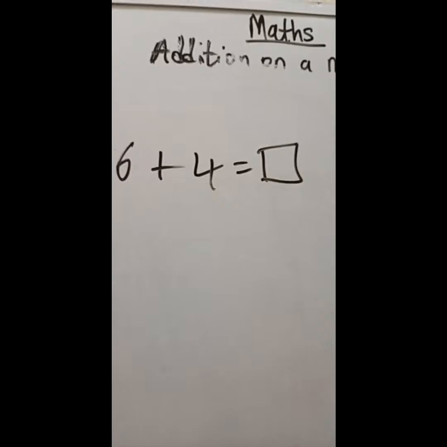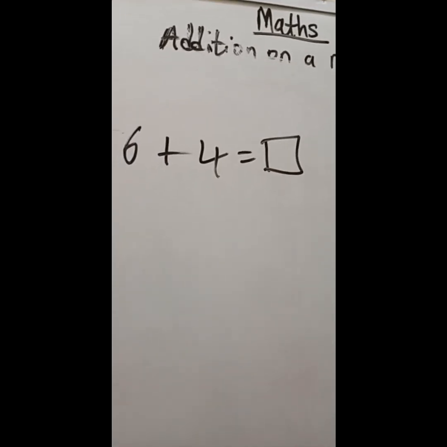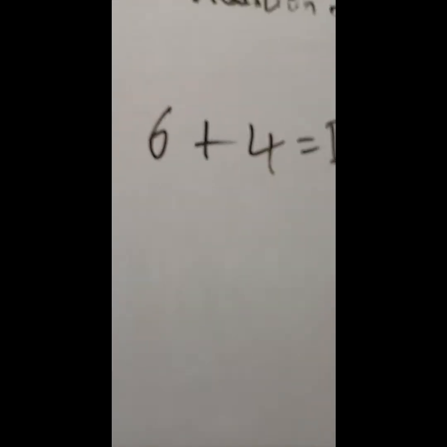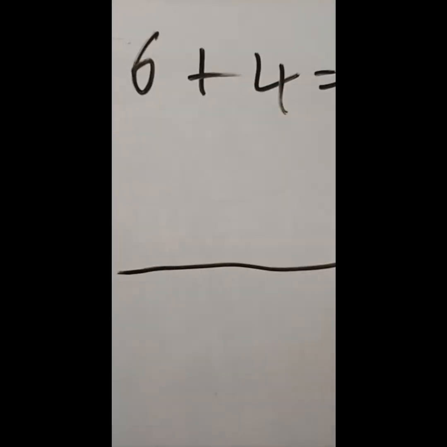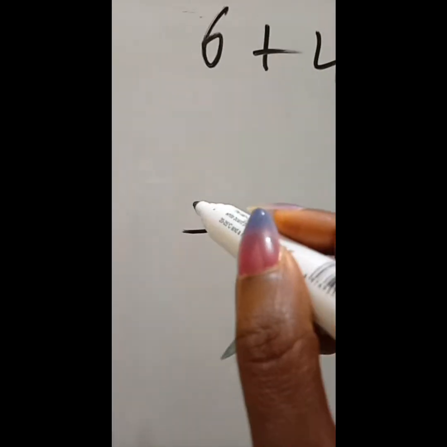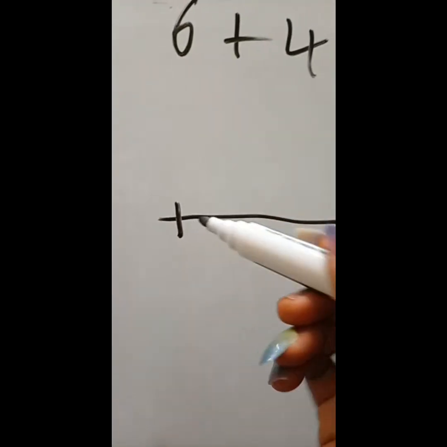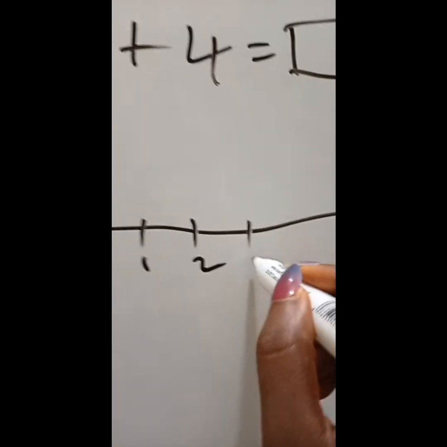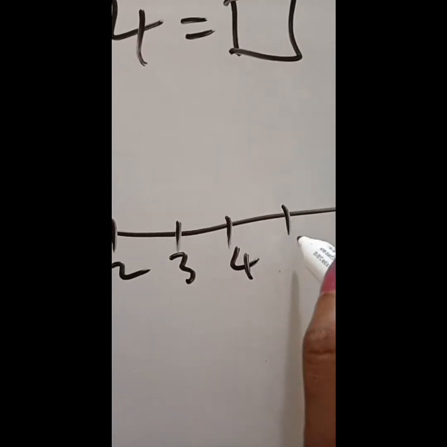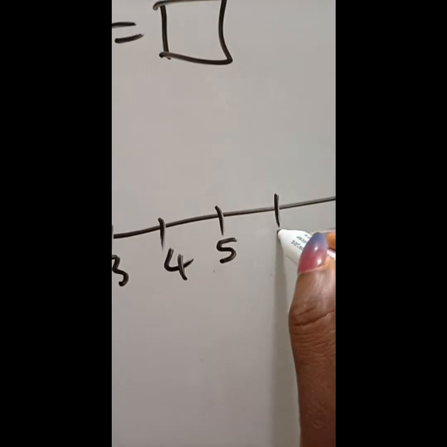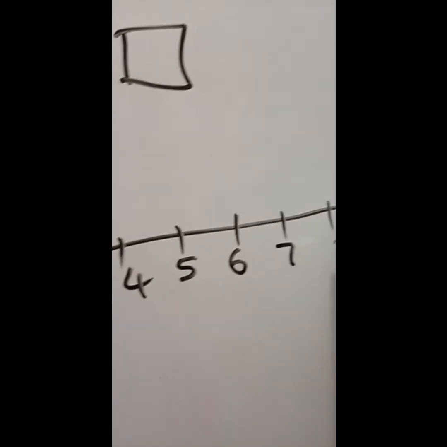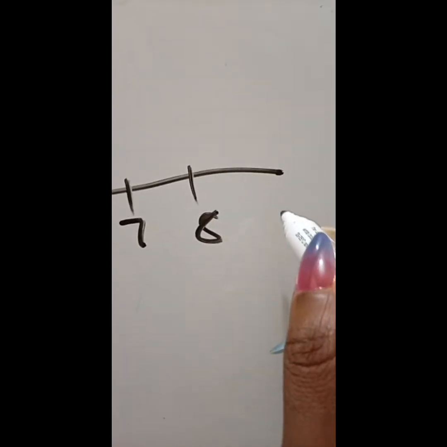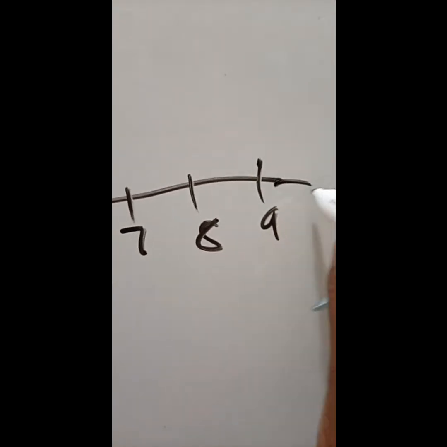So we have 6 plus 4 equals to what? First thing we should do is what? We draw our number line. Okay. We fix the numbers 0, 1, 2, 3, 4, 5, 6, 7, 8, 9, 10.